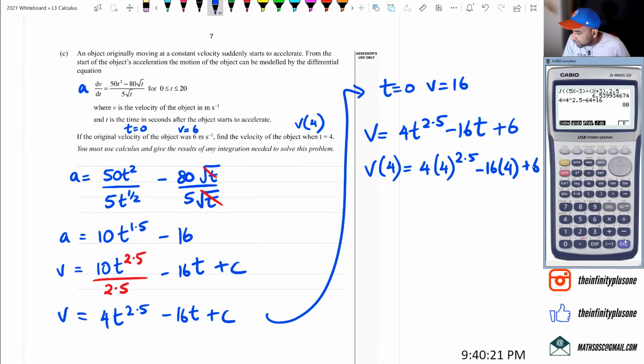Okay, what did I do wrong here? Am I doing something wrong here? Because the answer says 70.